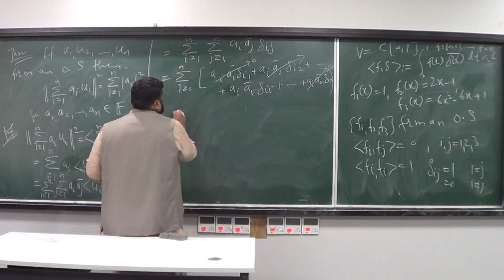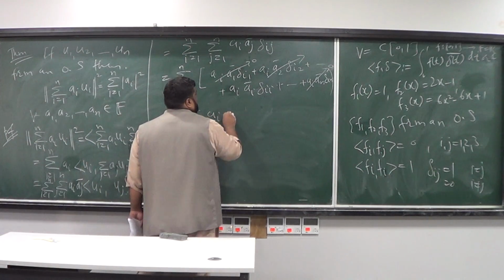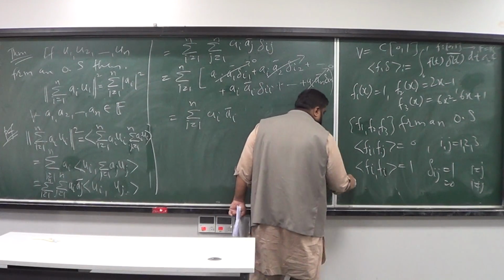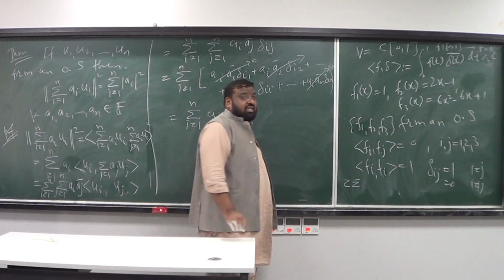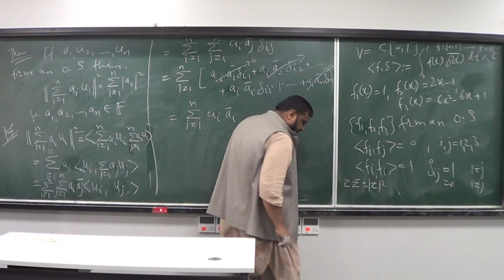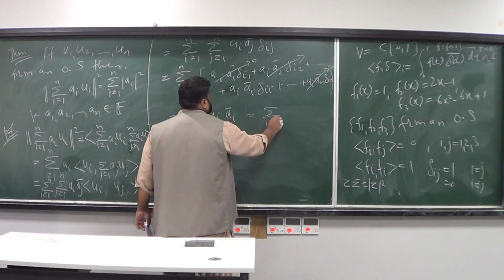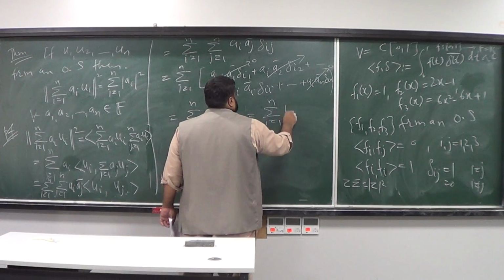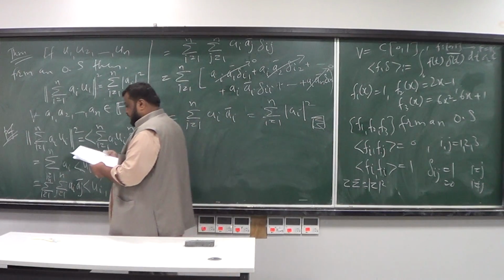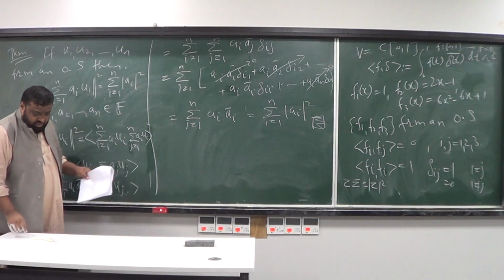So what is going to remain is a sum from 1 to n of a_i a_i bar, and we know the basic property of complex numbers that if you take a complex number and multiply it with its conjugate, you get the magnitude squared. So this would be equal to the sum i equal to 1 to n of the magnitude of a_i squared, and this really completes the proof of the result. Alright.